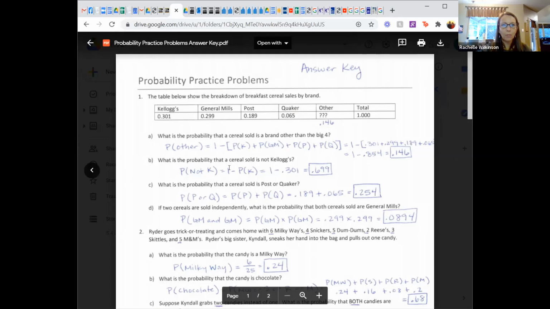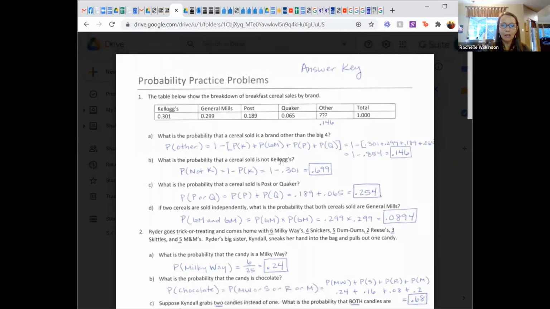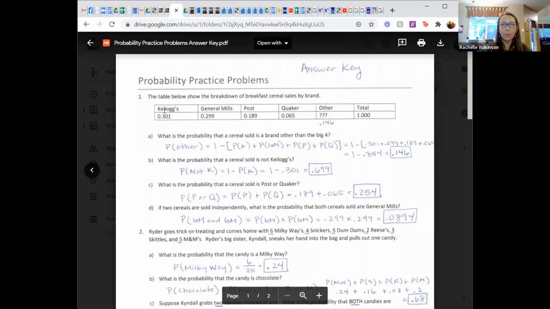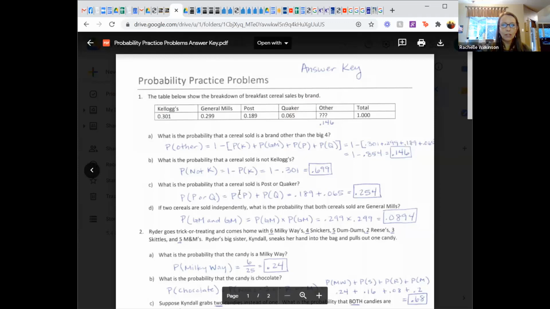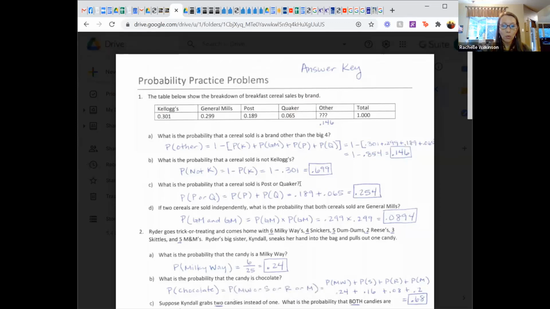Second one: what's the probability the cereal sold is not Kellogg's? The probability that it's not Kellogg's is 1 minus the probability that it is Kellogg's. The probability of Kellogg's was 0.301, so 1 minus 0.301 gives us 0.699. Next, the probability the cereal sold is Post or Quaker.